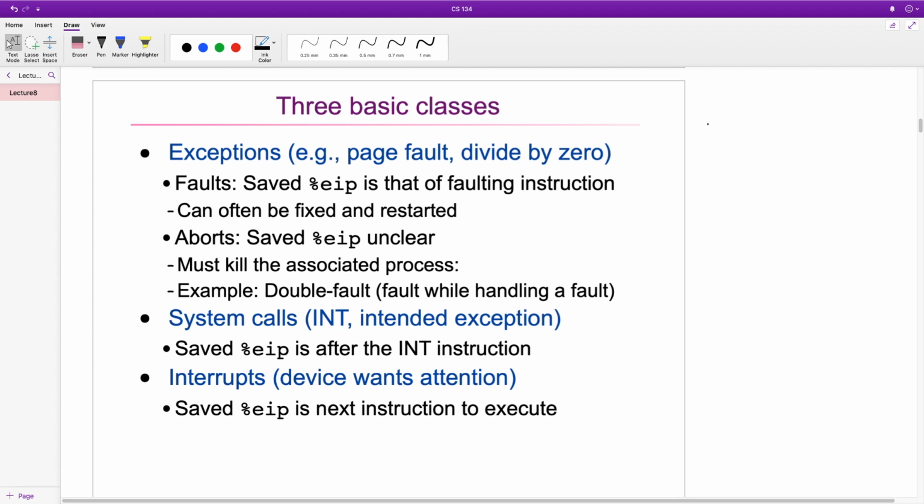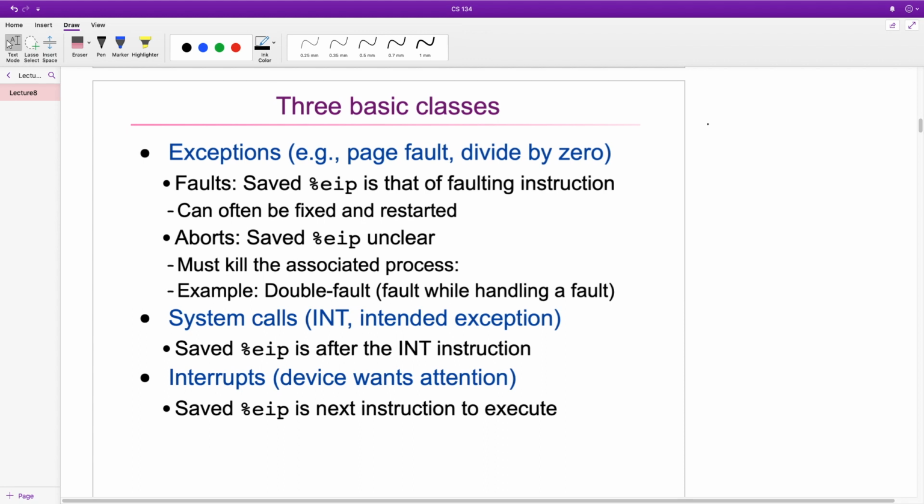In that case, the saved instruction pointer is the instruction that caused the problem. On a page fault, if we're trying to write to memory and we fix the page fault in the kernel, we want to go back and try to write to memory again. Therefore, we don't want our instruction pointer to be the next instruction. We want it to stay at the same instruction.